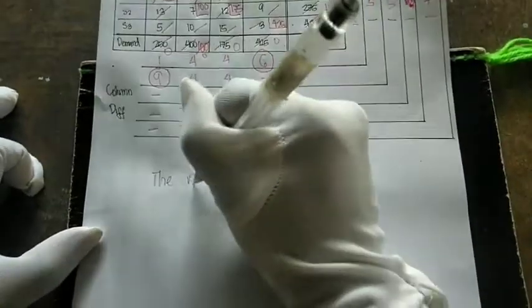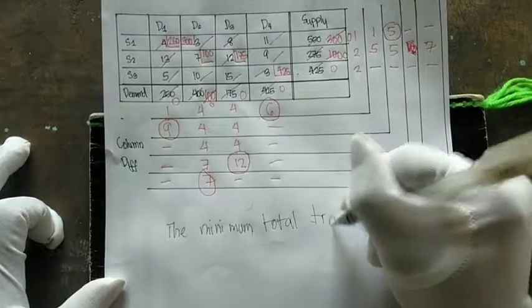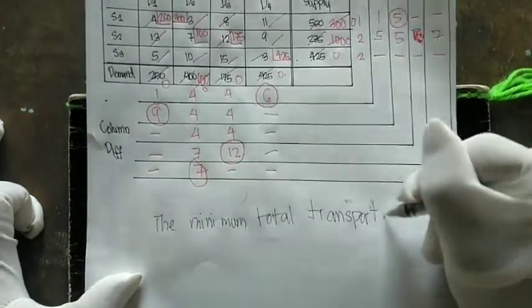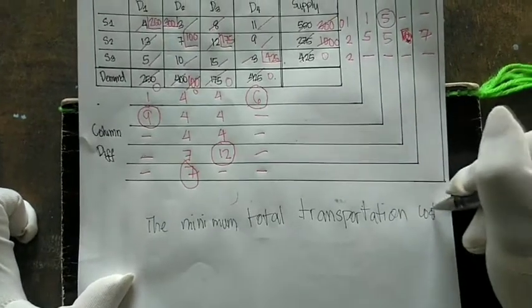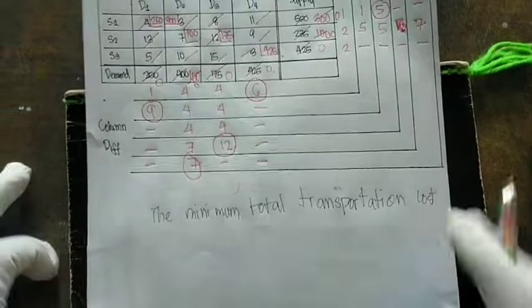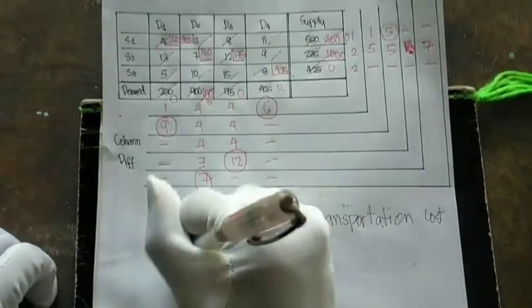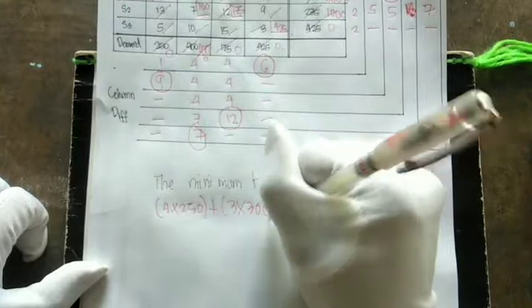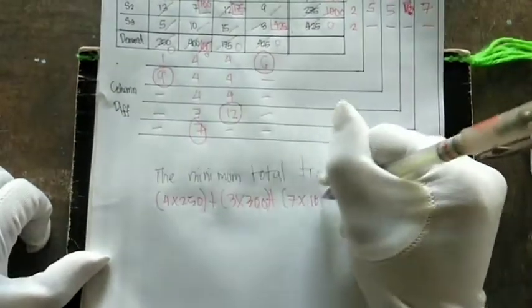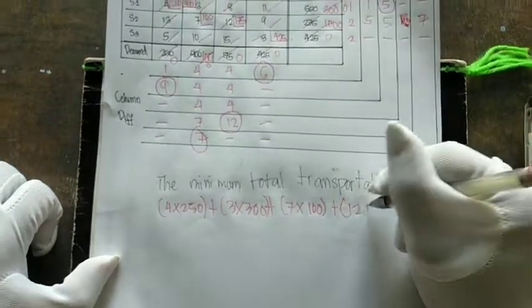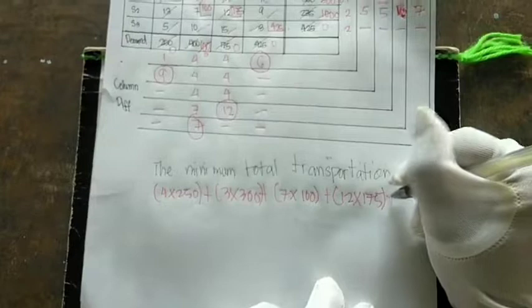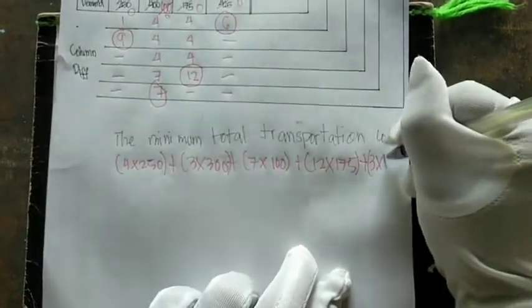So the minimum total transportation cost we will get is 4 times 250 plus 3 times 300 plus 7 times 100 plus 12 times 175 plus 3 times 425.